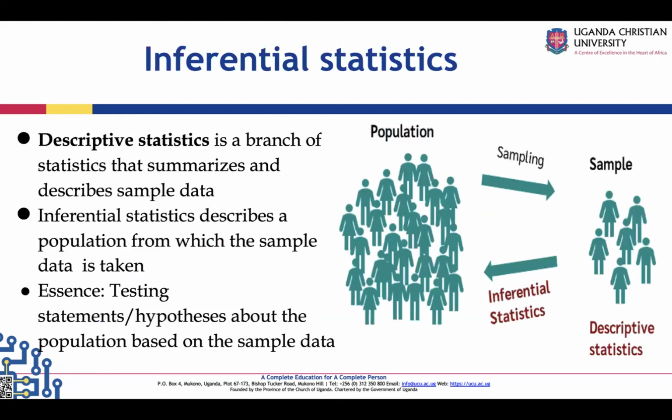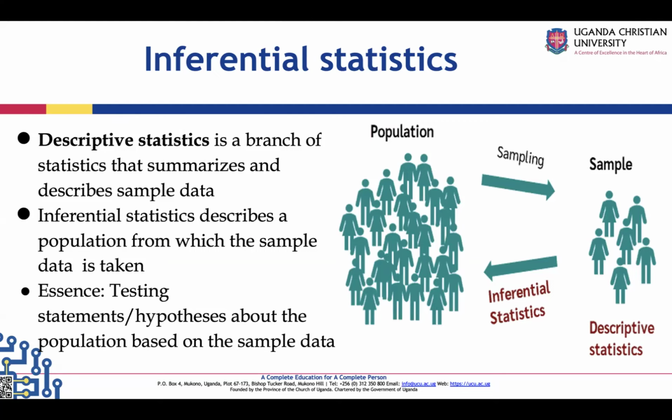So we did start off with descriptive statistics, which summarizes the samples, okay? But now we need to go a little back forward and understand why we do the sampling and how we can use it to make inferences for the wider population, okay? And this is where the inferential statistics comes into play.